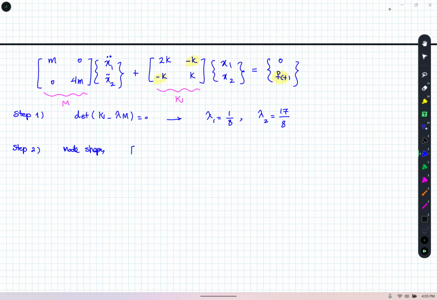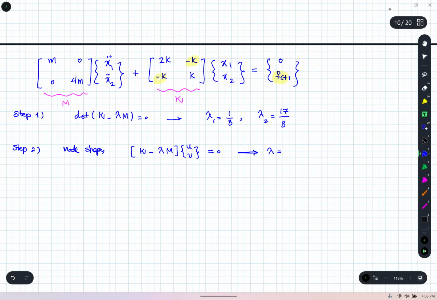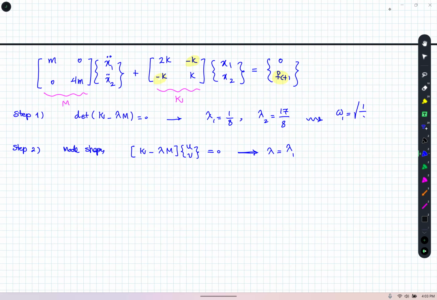You just set the matrix that you have there, multiply it by a vector uv, and set it equal to 0. You substitute lambda equal to lambda 1, your first natural frequency. Remember that our natural frequency is the square root of that value, that's how we define lambda.